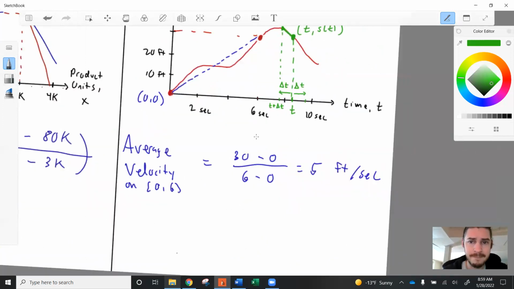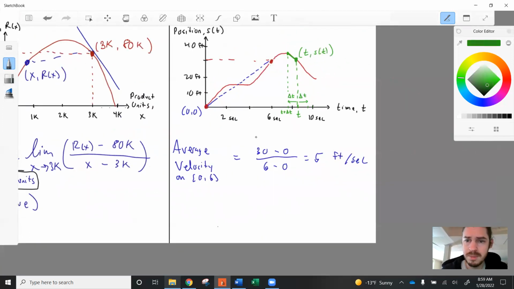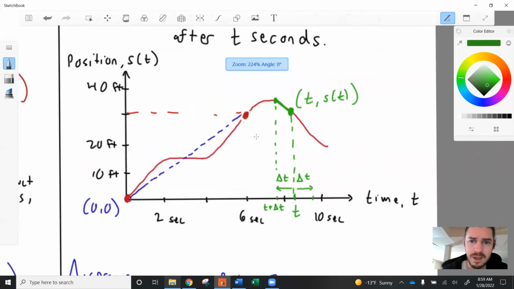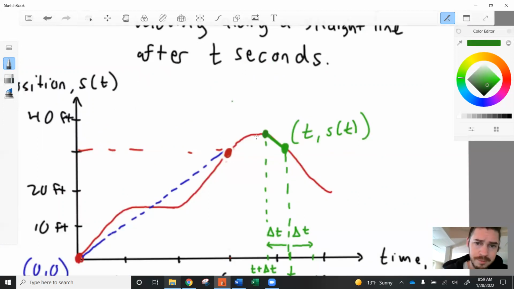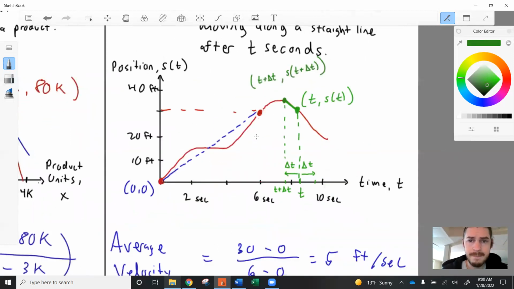Let's do that. So down here, make my green a bit darker. Before I write it, let's get the coordinates written down. We had t, s of t. This is going to be t plus delta t, and then the other one is going to be s of t plus delta t. Okay, like that.